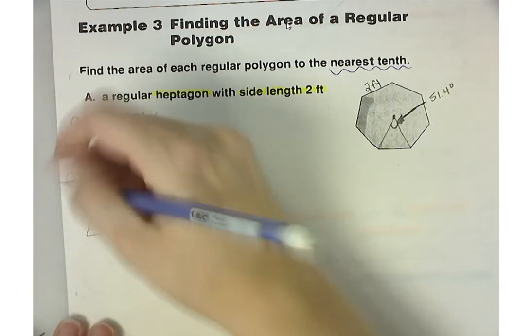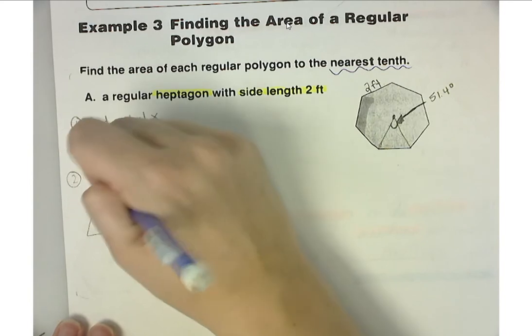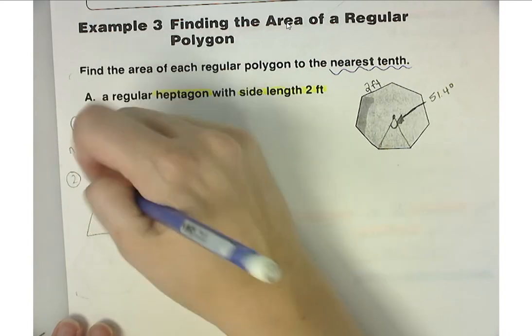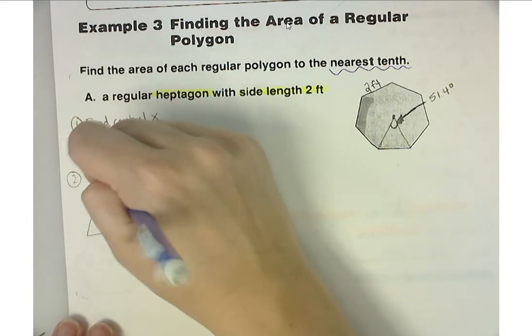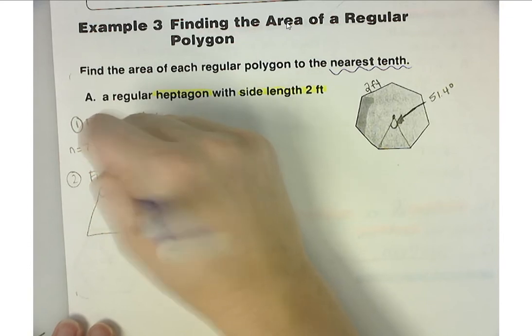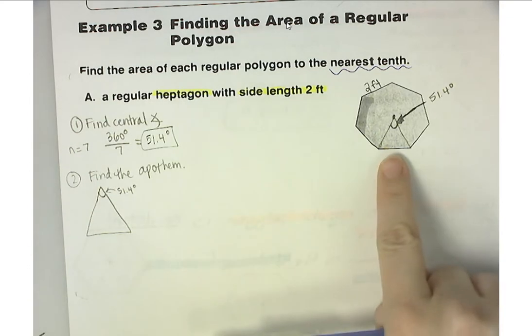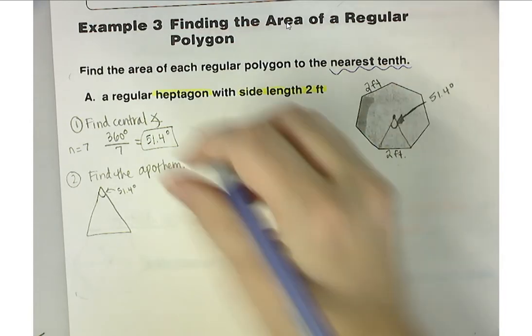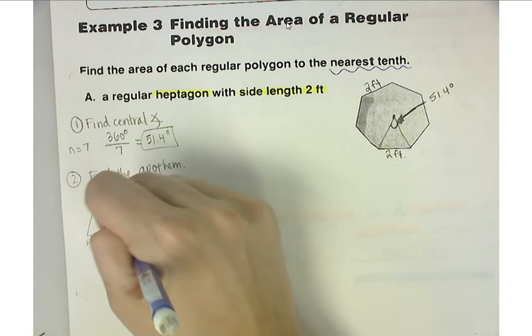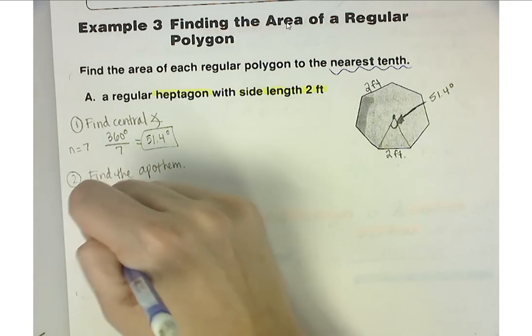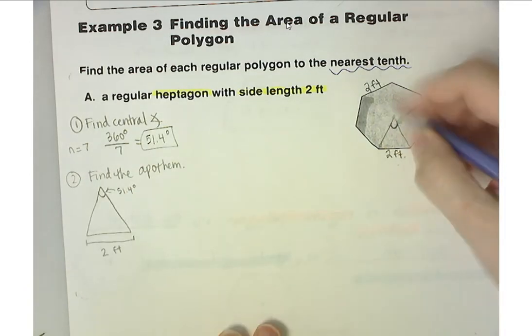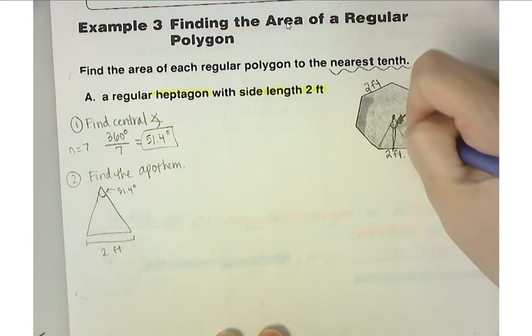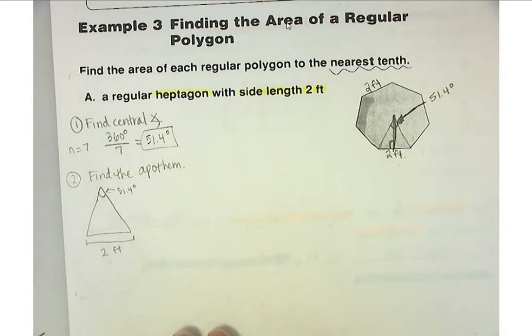We know this angle here is 51.4 degrees. We also know this base is 2 feet. To find the apothem, what you want to find is this line right here. The apothem.